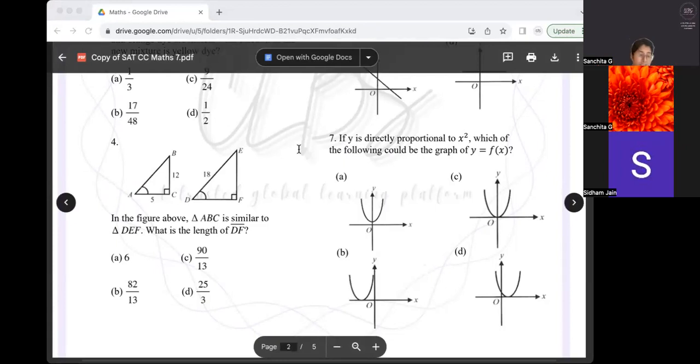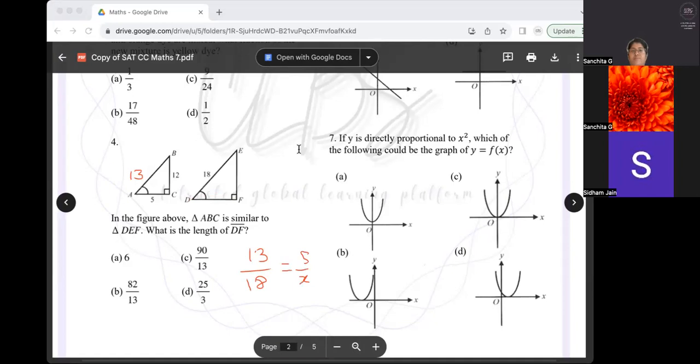What is our equation? What is AB? 5, 12, 13, right angle, Pythagoras theorem. Now we need to find DF. So I'll take 13 by 18 is equal to 5 by x.